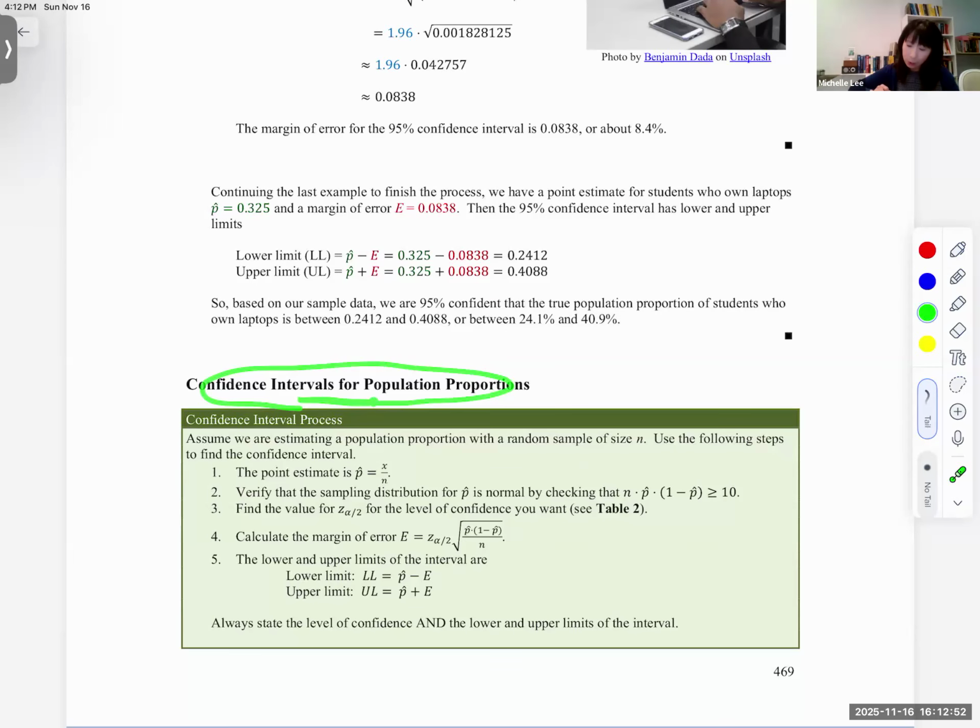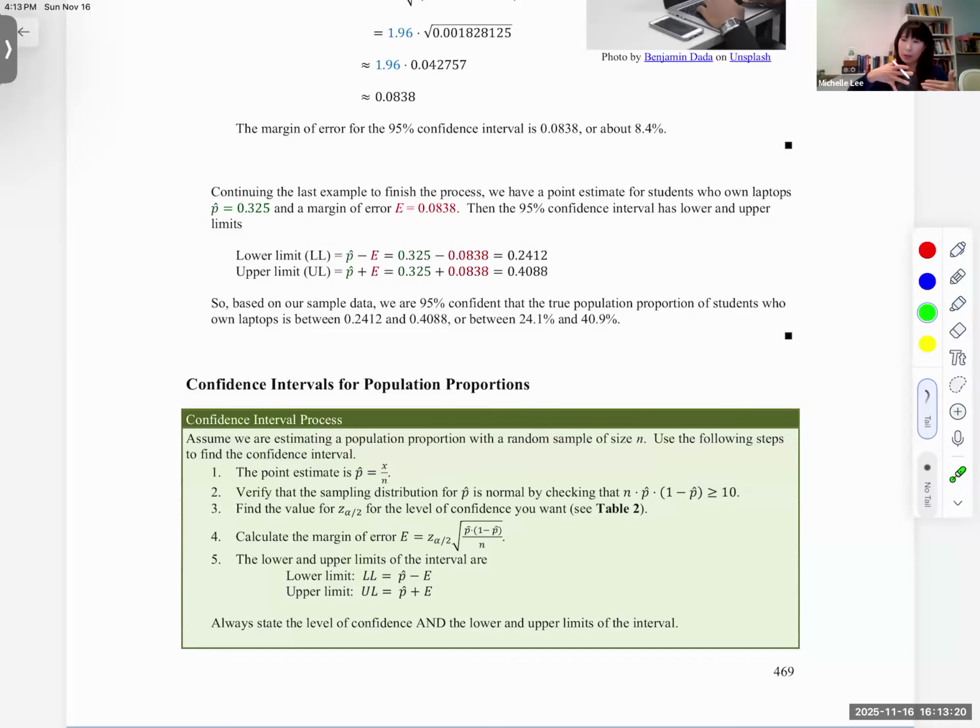Okay, so let's take a look. Confidence intervals for population proportions. The process is we want to know the p hat, that's the point estimate. And then we need to verify the sampling distribution of p hat is normal. In order to be a normal distribution, the sample size must be big enough.